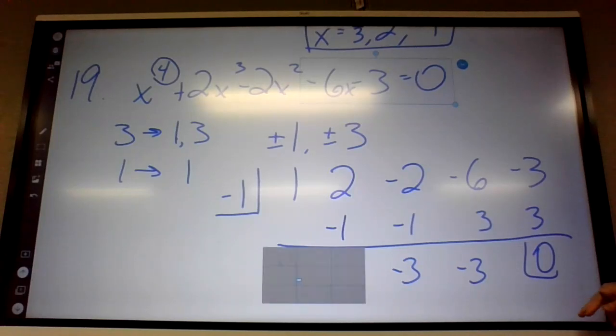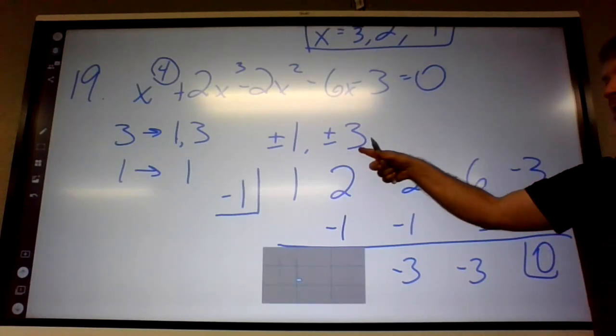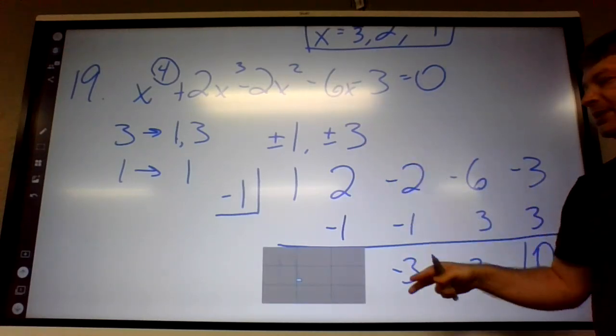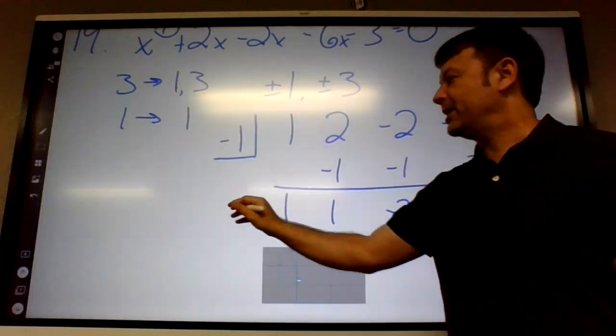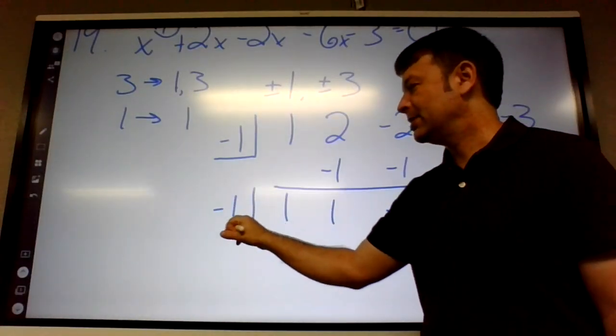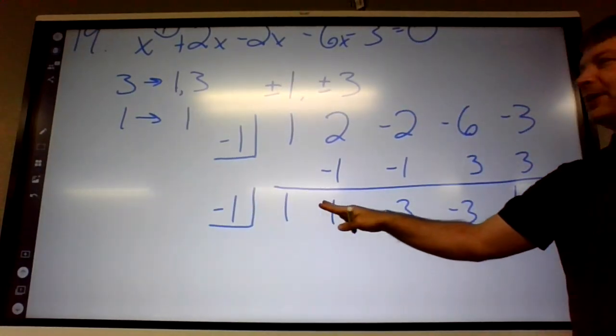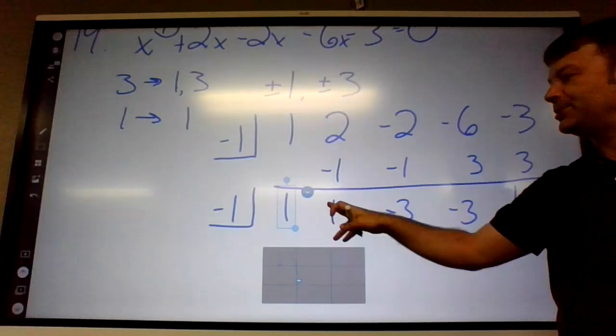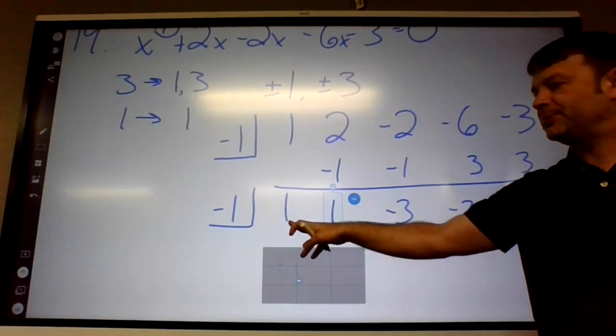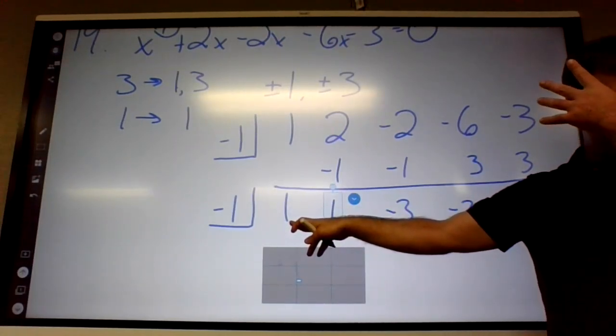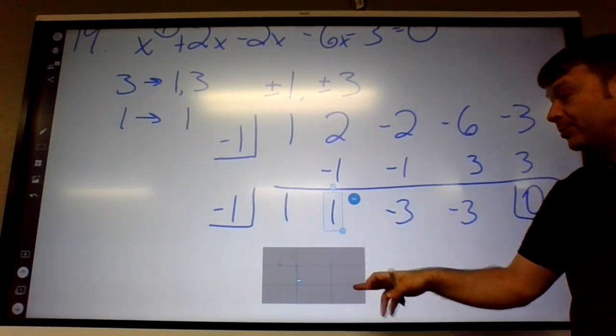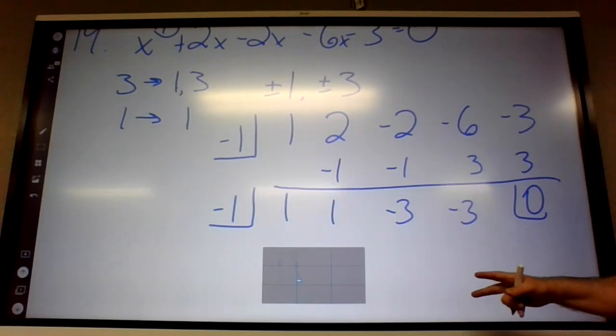So before we go on to 3, and 3 could work also, we should probably make sure -1 doesn't work again. I can't start factoring yet because this is an x cubed. So it's not ready to do the quadratic formula. We are going to have to use the quadratic formula on this one.